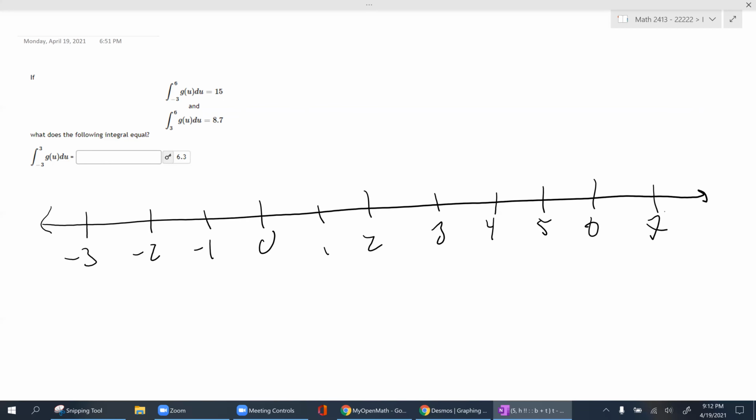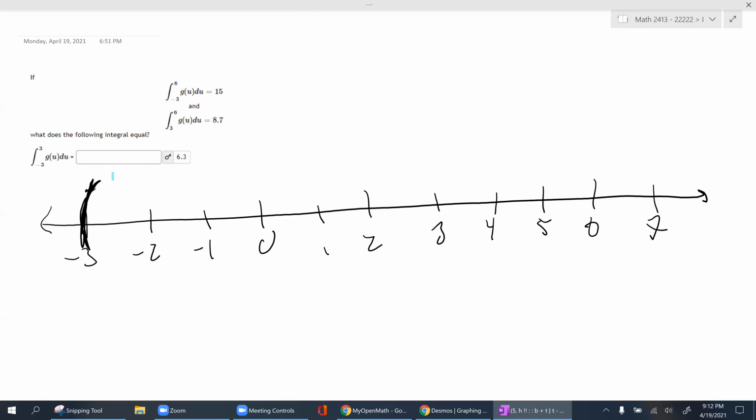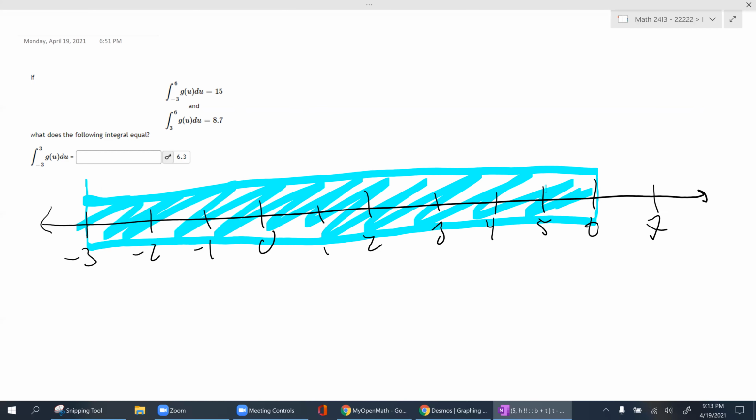So I'm told that the area, and I want us to think about this, the area between -3, let's go ahead and color coordinate this. I'm told that the area between -3 and 6 is 15.